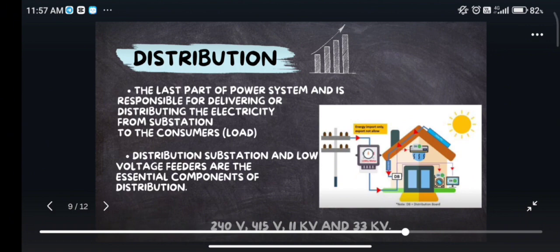The voltage supplied from the distributor is around 240 volt, 450 volt, 11 kilovolt and 30 kilovolt. 11 kilovolt and 30 kilovolt are usually used in industry.